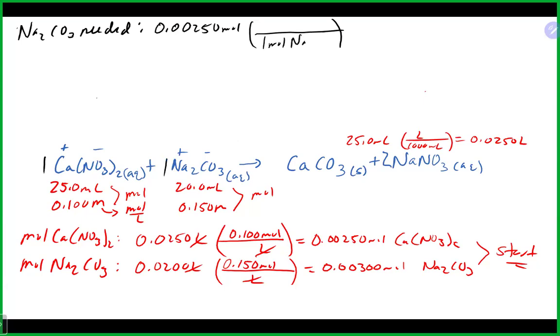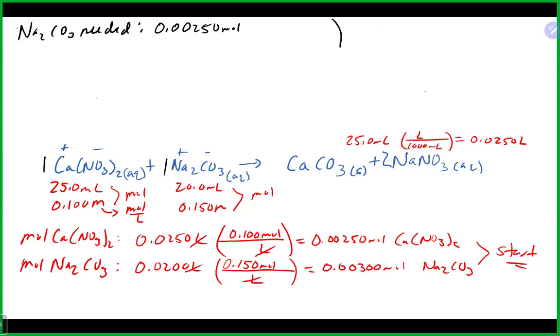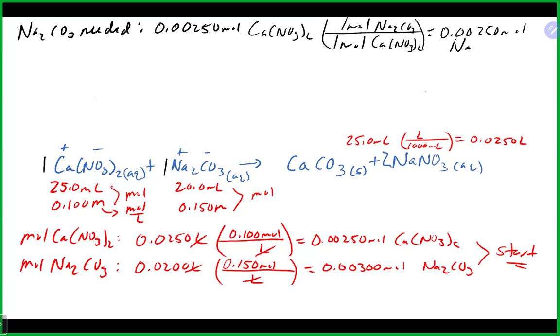So 1 mole of calcium nitrate is 1 mole of sodium carbonate. That gives me 0.0025 moles of sodium carbonate needed. Again, we compare that to how many moles of sodium carbonate I'm starting with, which is 0.003. So I do have enough. That means the excess reagent is my sodium carbonate and my limiting reagent is my calcium nitrate.